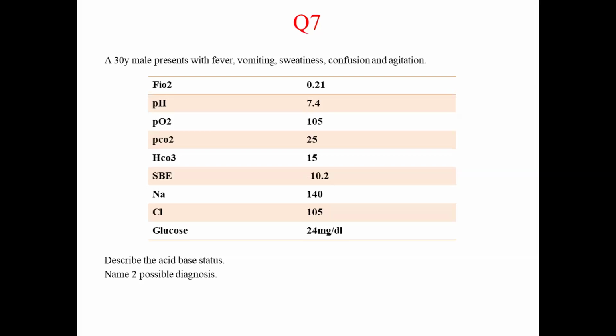Minus 10.2. So in which case will the SBE be so bad, respiratory or metabolic? Metabolic acidosis. Correct. So whenever there is some confusion, there will be a hint given to you. So here, what is important is your history and your standard base excess. What is the possible diagnosis?